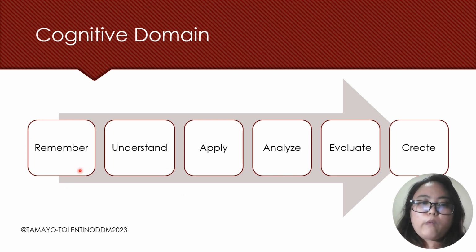From the lowest, it starts with remember. Remember is when an individual can retrieve relevant knowledge from long-term memory. For example, definition of terms and definition of concepts that we just need to memorize.